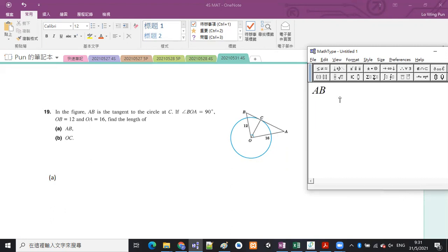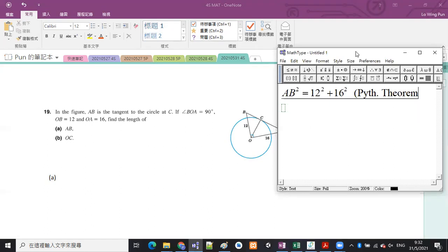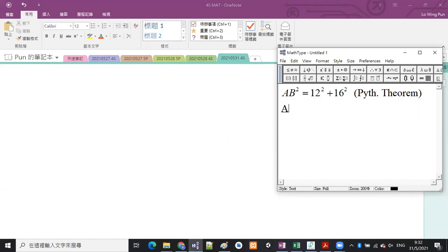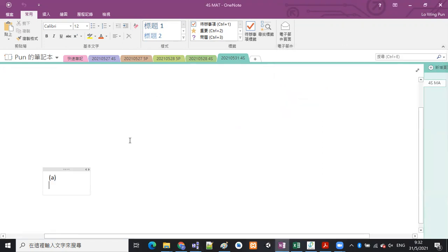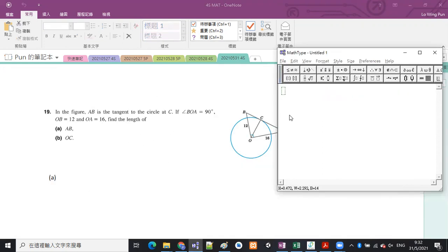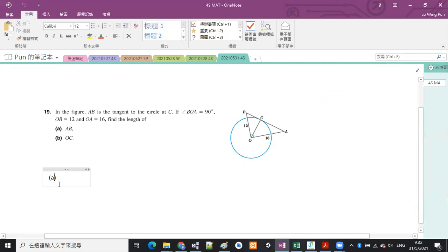So AB squared is equal to 12 squared plus 16 squared. This is Pythagoras theorem. And then if you use the calculator, AB will be just equal to 20. And there is no unit for this.